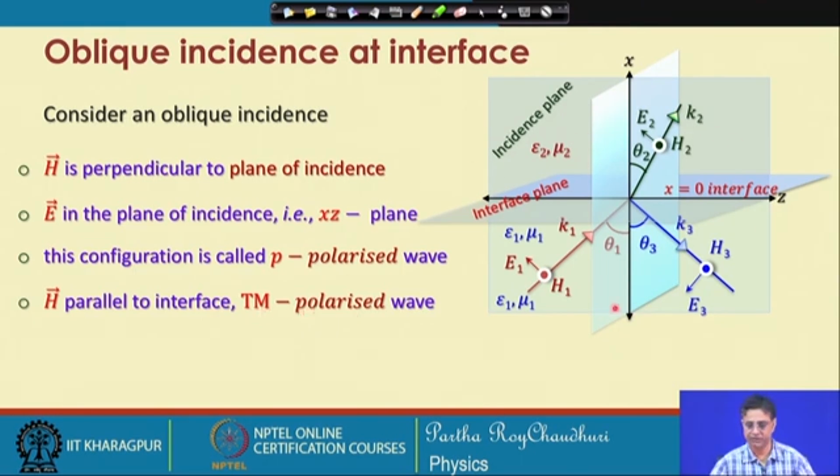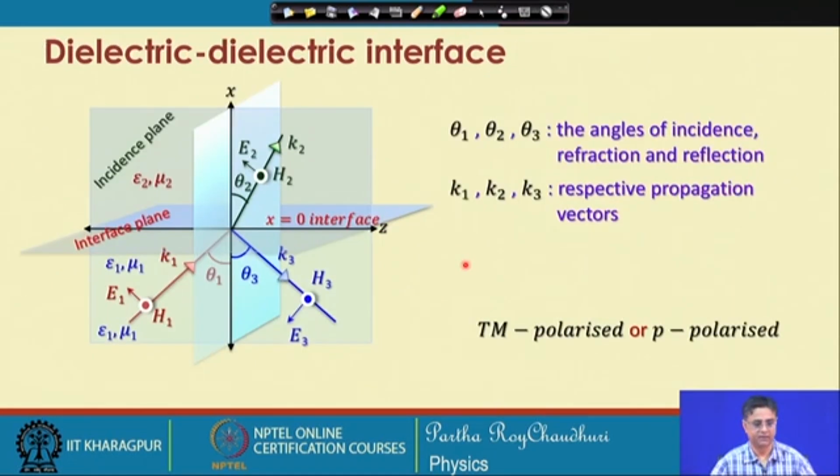So, with this configuration, we will now study the reflection and transmission properties, but we also have to define the angles of incidence, angle of reflection and angle of transmission, that is refraction, as theta 1, theta 2 and theta 3.